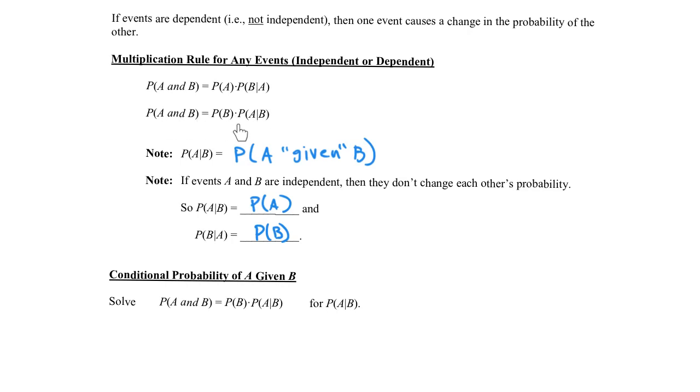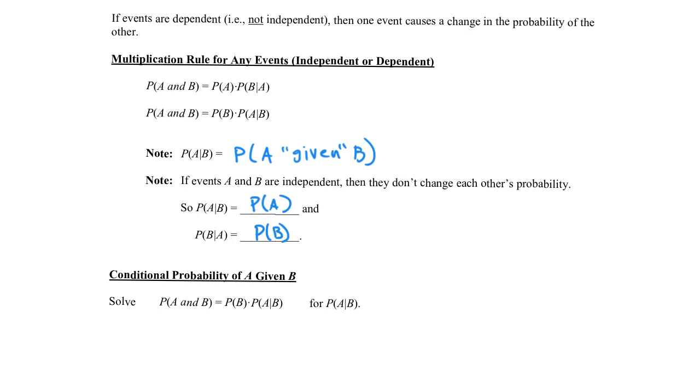If A and B are independent, then the probability of A happening given that B happened is just the probability that A happened, right? Right here, we could swap this out with this. If we do that, we get the above formula, because if we get rid of the probability of A given B and replace it with the probability of A, then this is just the probability of B times the probability of A, which is the formula we had above.